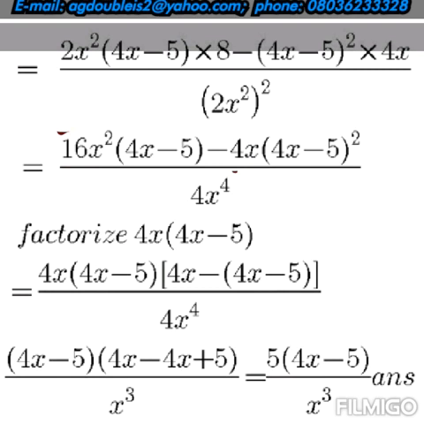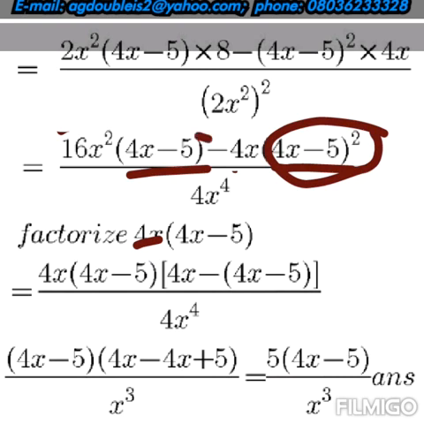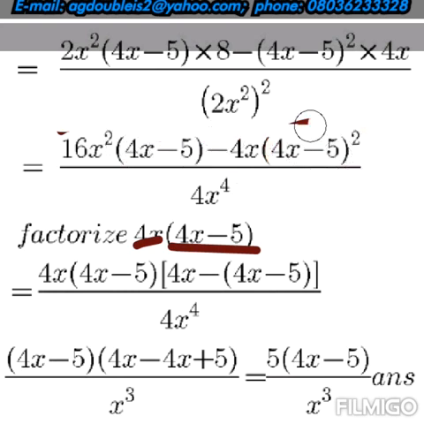Also, between (4x minus 5) and (4x minus 5) all squared, we have 4x minus 5 as a factor. So the common factor is 4x bracket 4x minus 5.